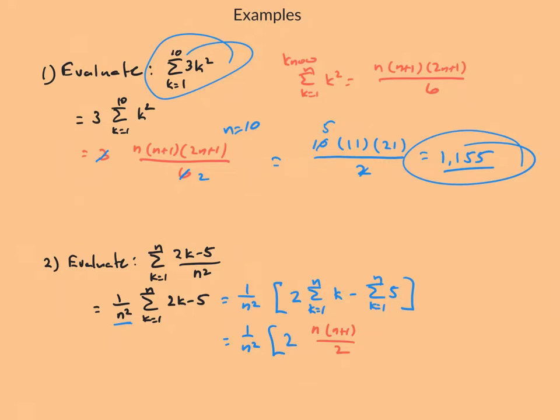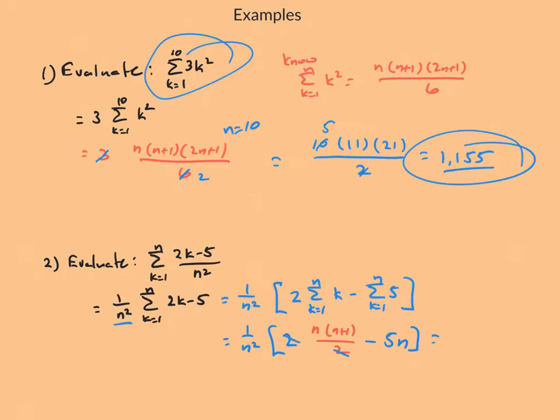And then we're going to go and subtract. Now, I again have a formula for this. This is a constant, so it's just going to be minus 5 times n. And then when I distribute, in this case, the 2 will drop out there.